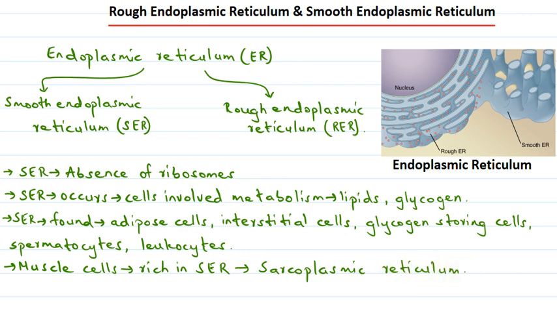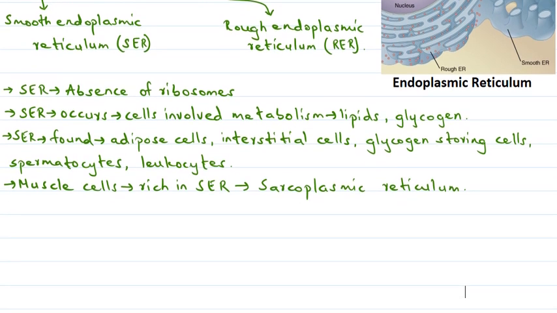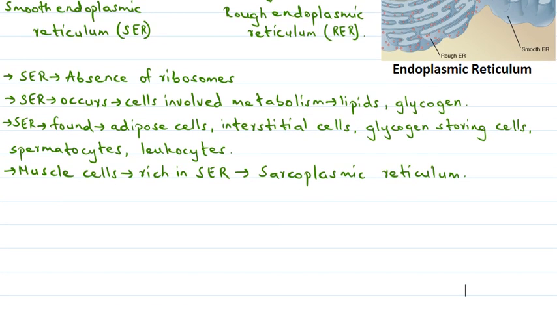Okay, then in some pigmented retinal cells, that is the pigmented cells of the retina, the smooth endoplasmic reticulum is tightly packed.